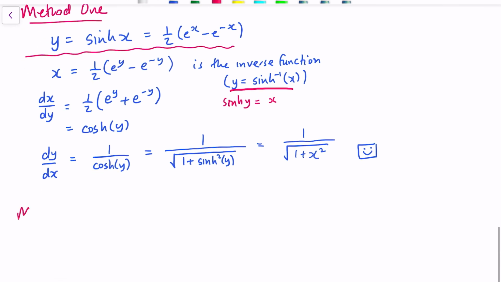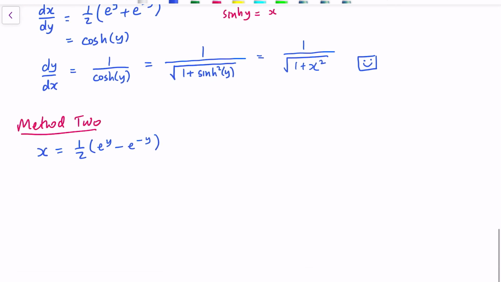Okay, method 2. I'm sure there's more than 3 methods, but these are the ones I came up with. Is actually to find the inverse function. So at the point where I switch the letters, if I make y the subject of this, so the first thing I do is times by 2 both sides. And realize that e to the minus y is 1 over e to the y.